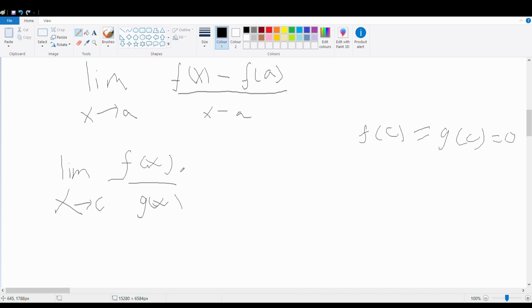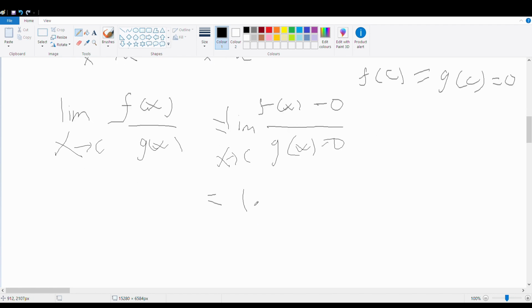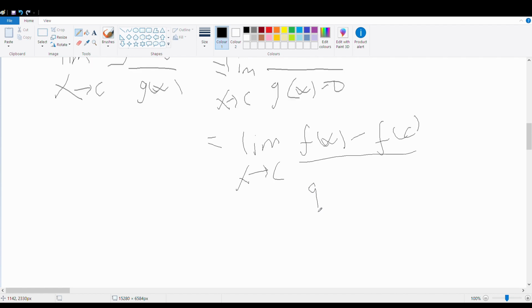So we can write this whole thing as the limit of f of x minus 0 by g of x minus 0. It really doesn't change anything. Then we can replace this with the limit as x tends to c of f of x minus f of c by g of x minus g of c.